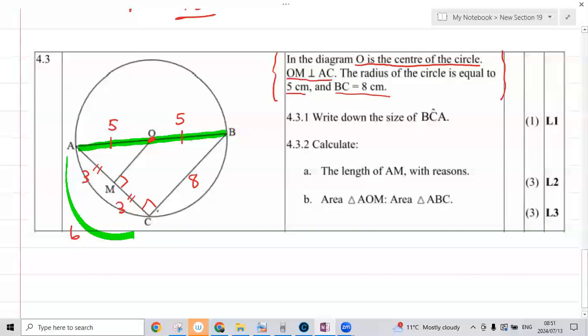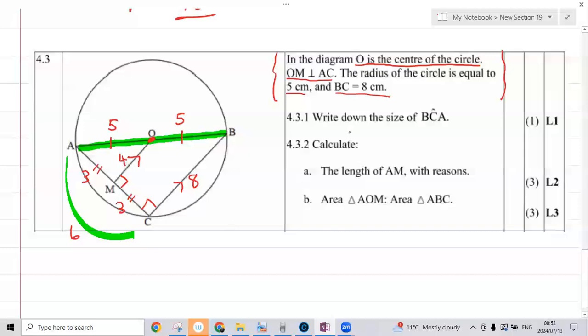What does that mean? It means these two lines are going to be parallel to each other. So if they ask us to prove the lines are parallel, OM is parallel to BC. And what else do we know about the midpoint theorem? Also that OM is going to be half the length of BC, so that's going to be 4, right? And that's the midpoint theorem.